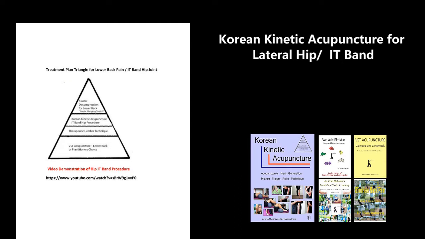There can be gallbladder 30, 31, points along the gallbladder channel, along the IT band, the iliotibial band. So we do this passively with the VST acupuncture. Wherever the patient has pain, we will do the local acupuncture. And then after that, we will do a therapeutic lumbar technique, which I'm going to show you shortly. And then we follow that up with the IT band kinetic acupuncture hip IT band procedure.